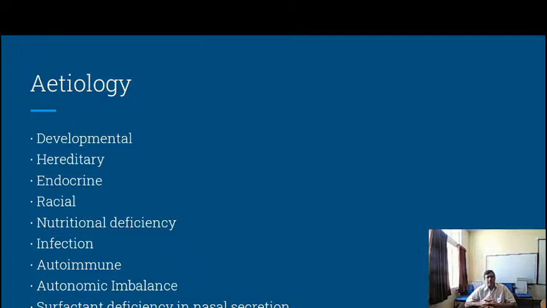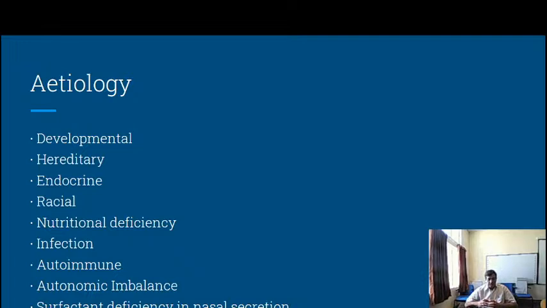And the autonomic balance, as we know, if you see the nerve supply, there are two kinds of nerve supplies. One is the sensory, which is by the anterior ethmoid, the ophthalmic branch, and the maxillary. Then you have the second kind of nerves, which are called the autonomic nervous system, wherein you have the sympathetic and parasympathetic. This autonomic nervous system is brought into the nasal cavity by the pterygopalatine ganglion.